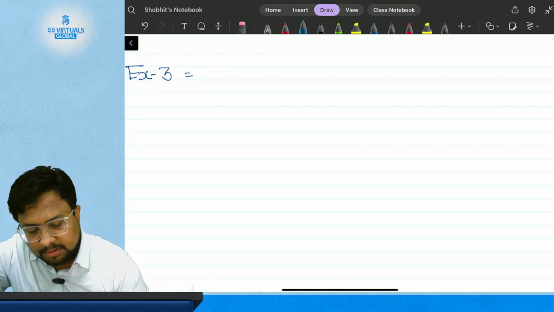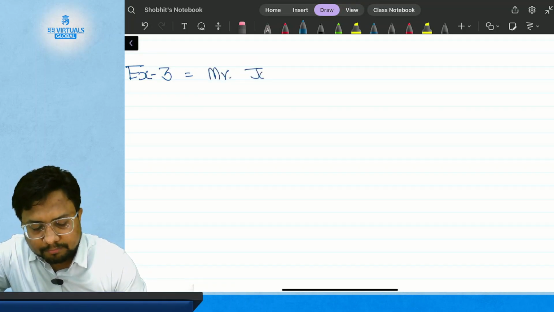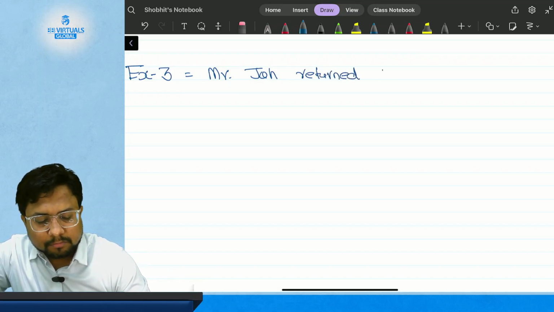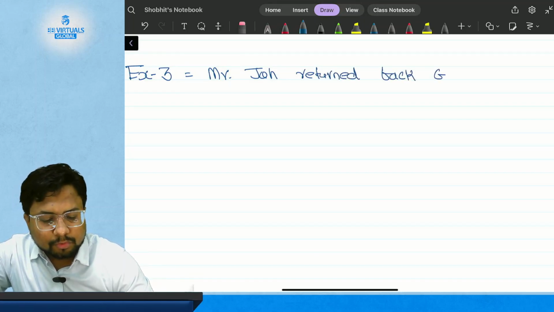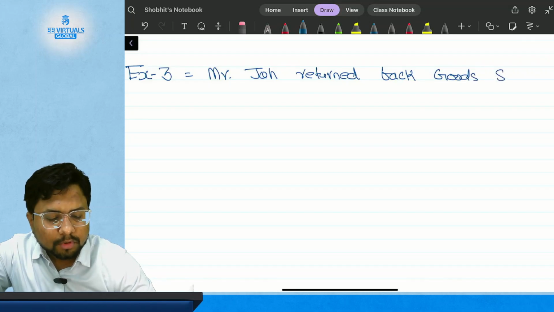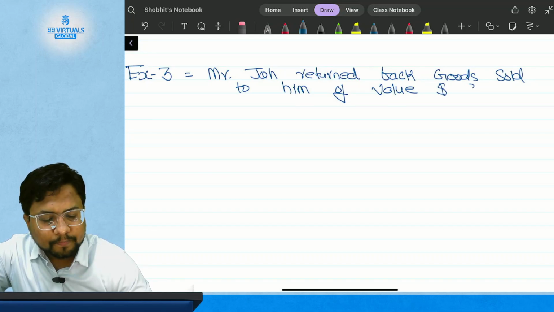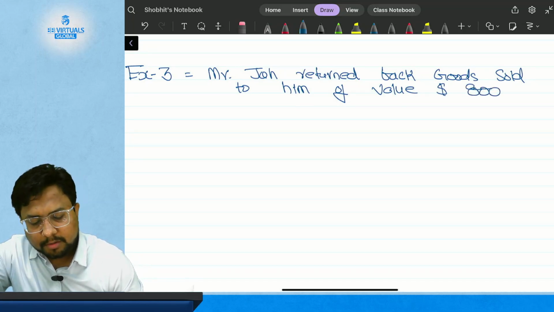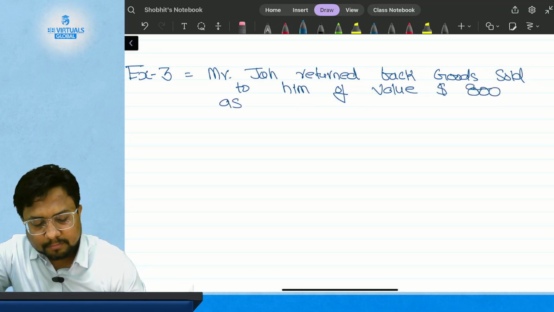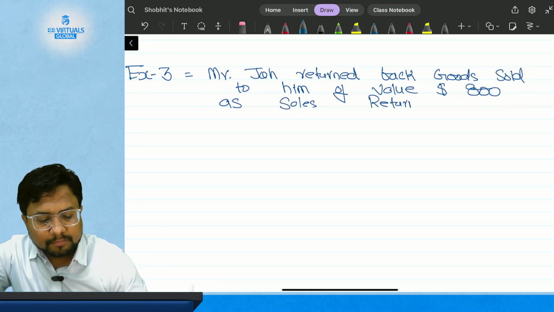Illustration 3: Mr. John returned back goods sold to him of value $800 as sales return.